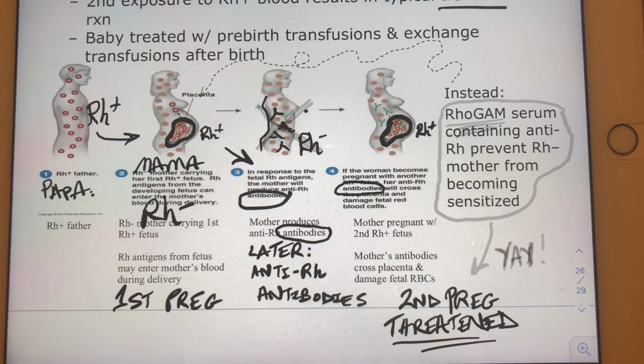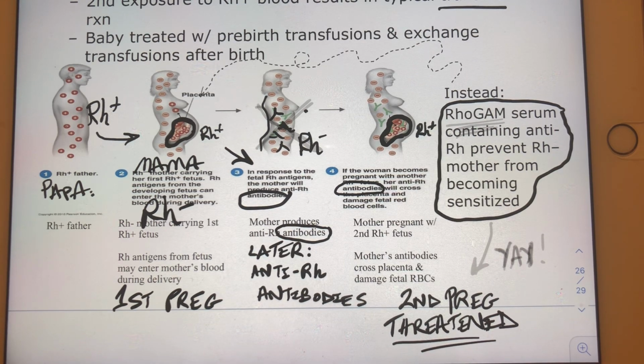Is she Rh negative? If she's Rh negative and she's never been pregnant before and she's never had a transfusion and she doesn't have, therefore, any anti-Rh antibodies, then what we do is either during delivery or right after delivery, or sometimes even both, we treat with something called RhoGAM.